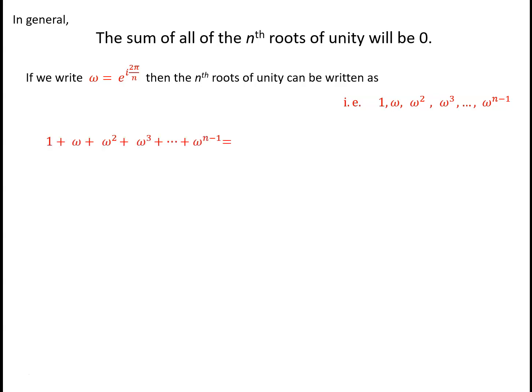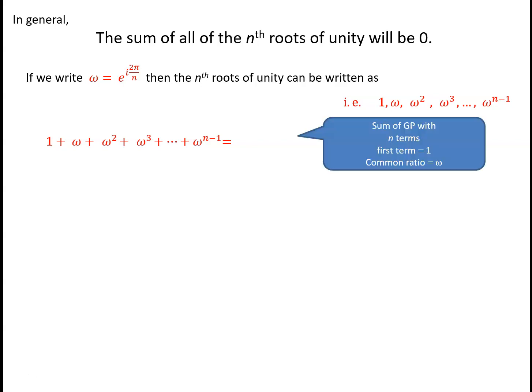Now, one way of looking at the sum of the roots is to say that's precisely 1 plus omega plus omega squared plus omega cubed all the way up to omega to the n minus 1. And that, of course, is the first n terms of a geometric progression with first term 1 and common ratio omega.